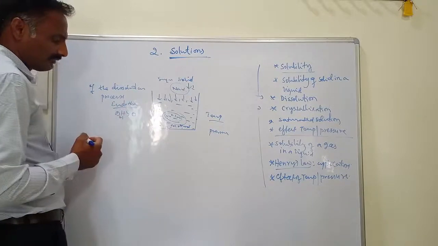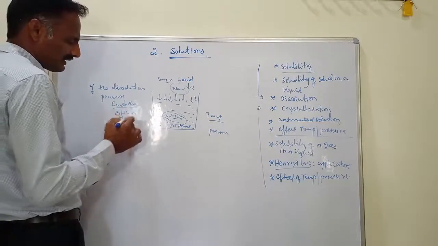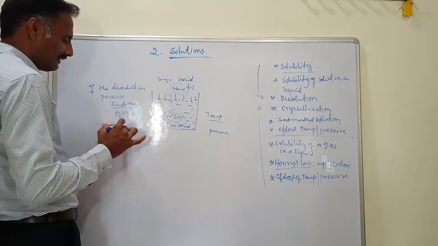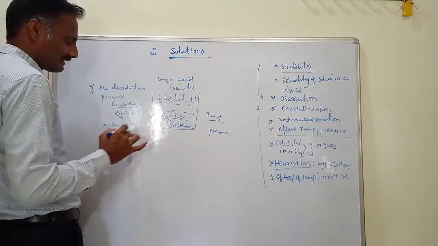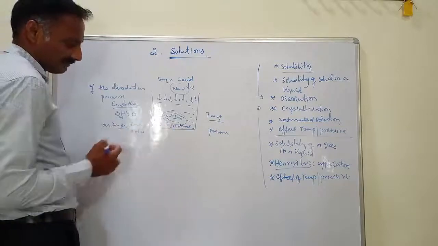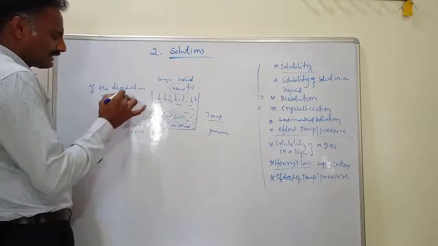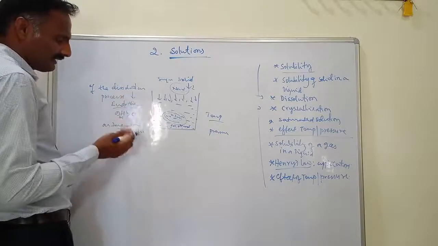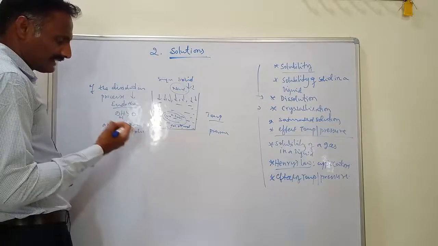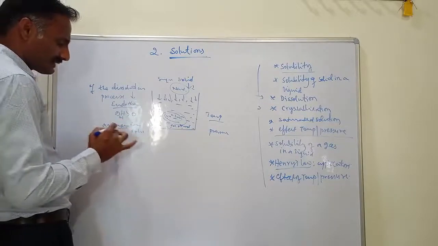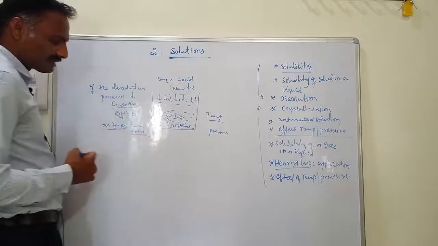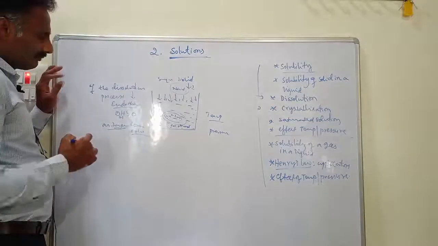Endothermic means positive value. If the dissolution process is endothermic, as the temperature increases, solubility also increases. Since it absorbs more heat energy, as the temperature increases, the solubility goes on increasing. This is the first case.